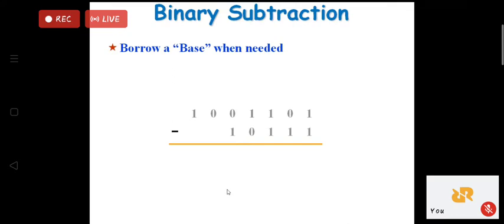Okay, so let us see a simple example where there is a subtraction. I want to subtract a binary number: 1001101 minus 10111. Let us try to understand.